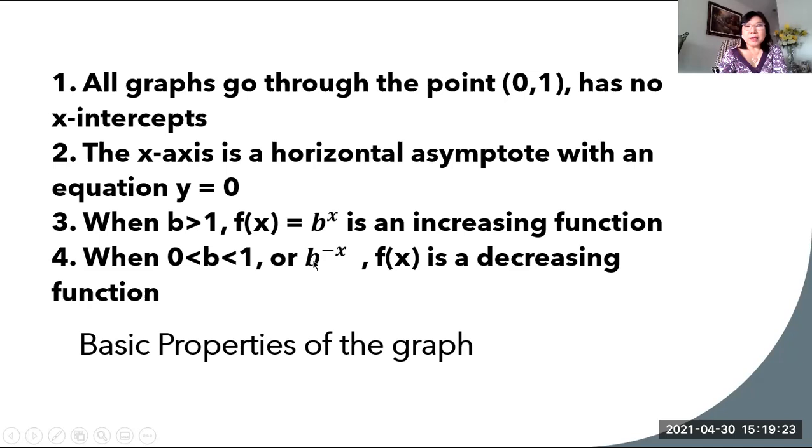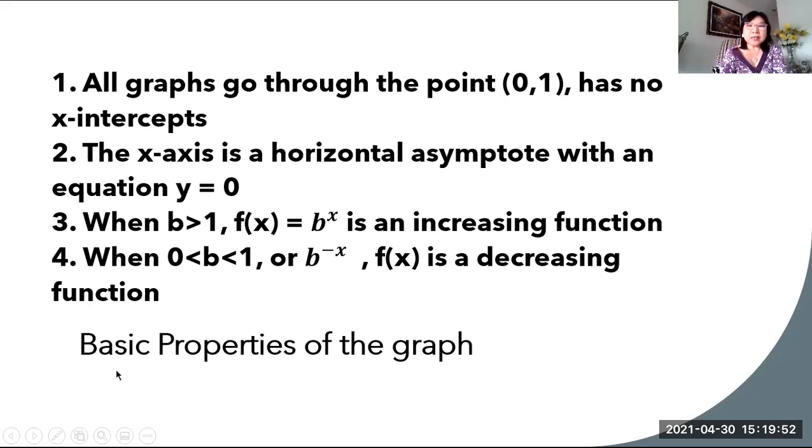Let's say b is the base 2, to the power minus 4 will become 1 over 2 to the power positive 4. Therefore, any negative power like this will turn the number into a fraction if we bring it down. So f(x) is a decreasing function, which is the graph on the right.